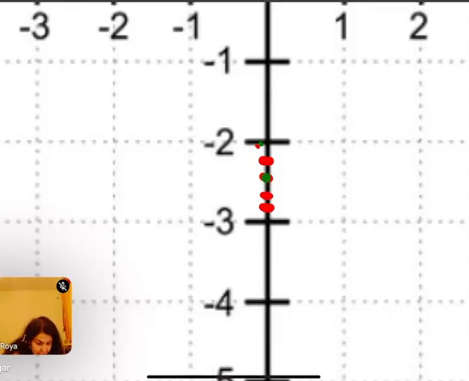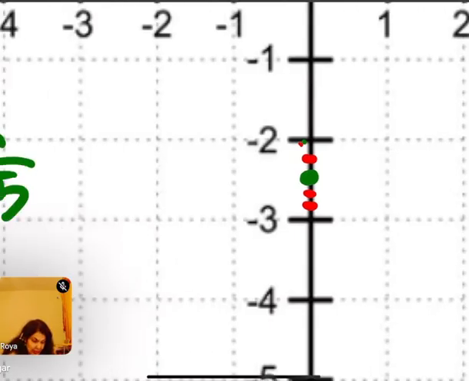So the answer is going to be here, and this is the y-intercept.